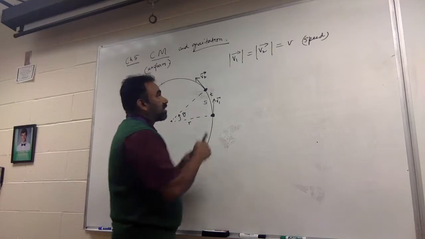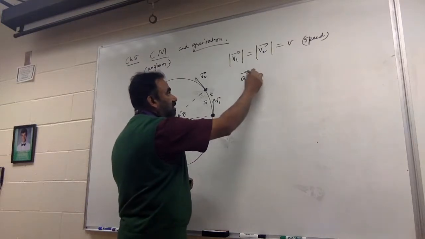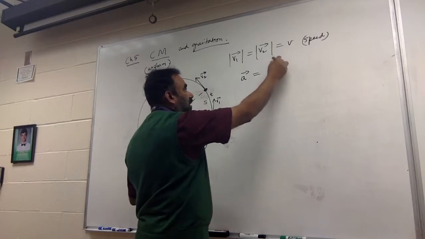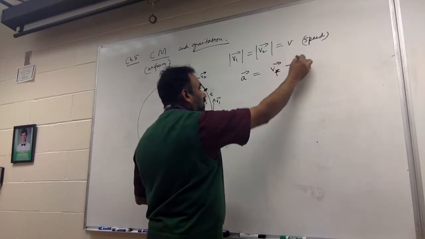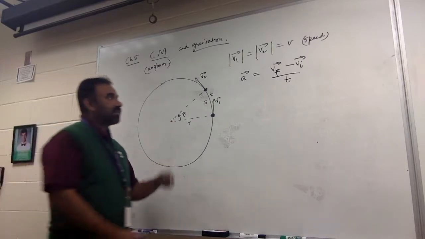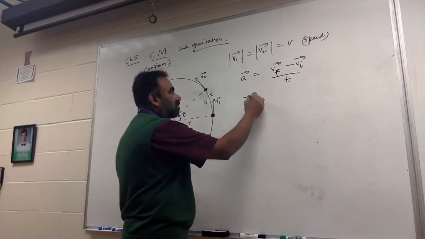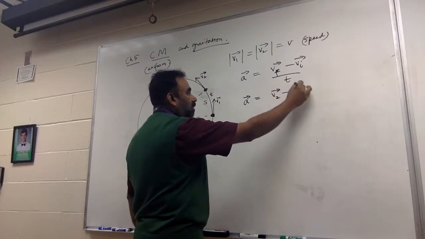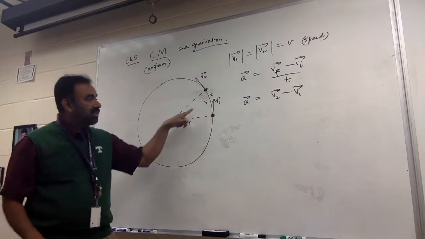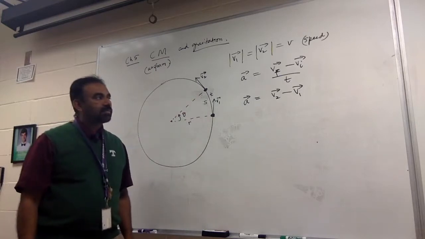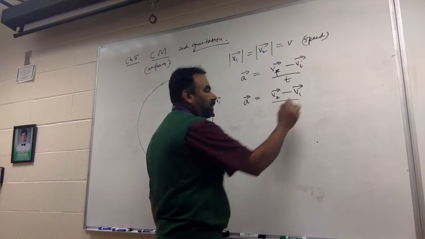So what is the definition of acceleration? Acceleration is defined as final velocity minus initial velocity over time. That is the definition of acceleration, what I've written there. In this context, acceleration is vector v2 minus vector v1, because that's the final and that's the initial, from here to here, over t.